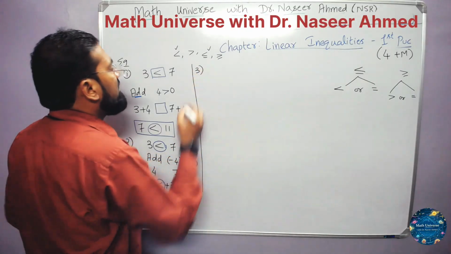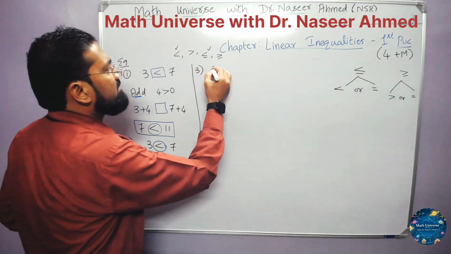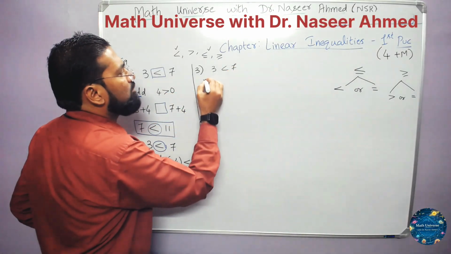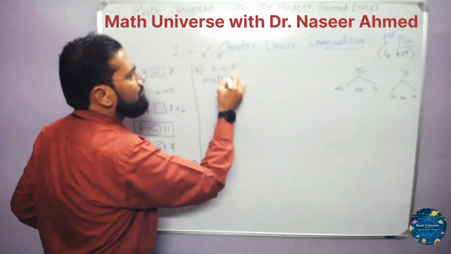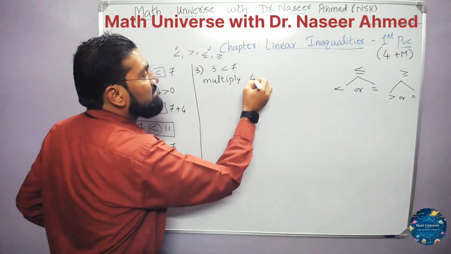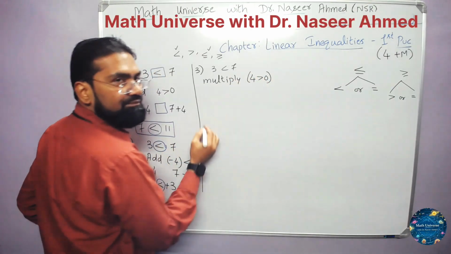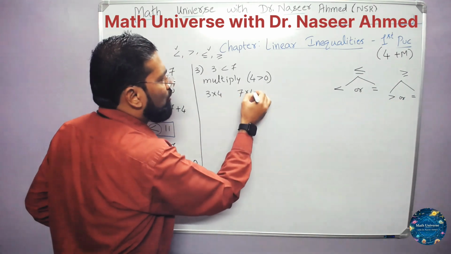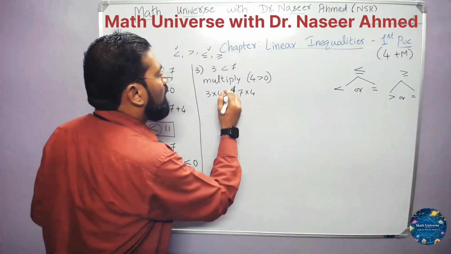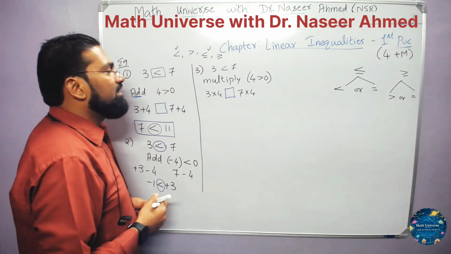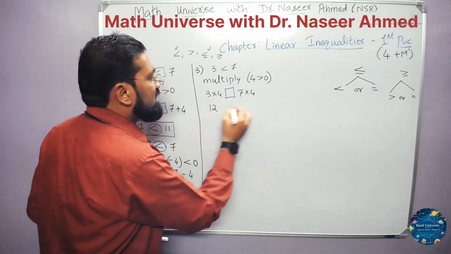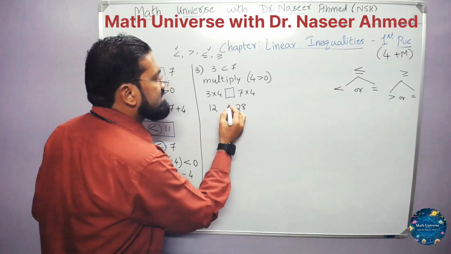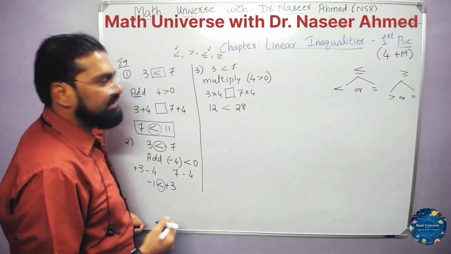Third example. Again the same, 3 less than 4, the same numbers I will take. Now let us suppose I multiply by 4, which is positive, on either side. When I multiply 3 into 4 and 7 into 4, 3 4s are 12, 7 4s are 28, and very clearly 12 is less than 28.